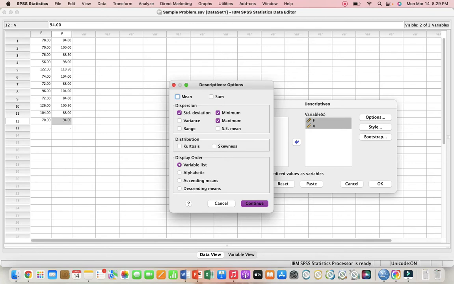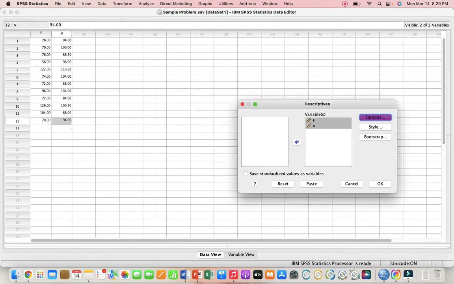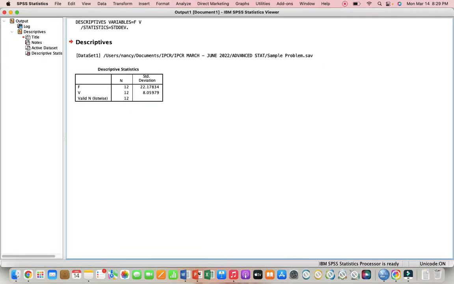I will uncheck minimum and maximum because I only need the standard deviation. Click continue and click OK. Alright, so as you can see here, the group of Francisco has 22 standard deviation and the group of Verhel has 8.05979.